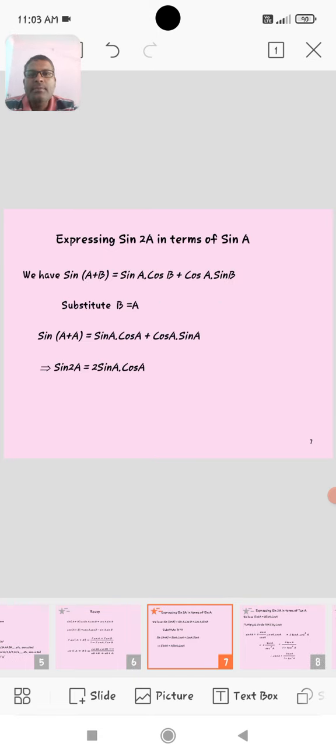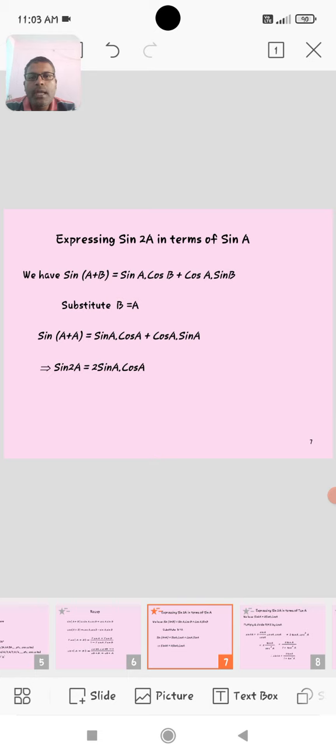Now expressing sin 2A in terms of sin A. We have sin of A plus B is equal to sin A cos B plus cos A sin B. Substitute B equal to A, that is sin of A plus A is equal to sin A cos A plus cos A sin A. Now sin of A plus A is sin 2A.